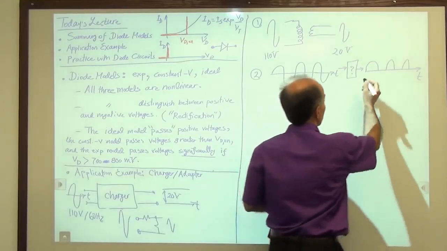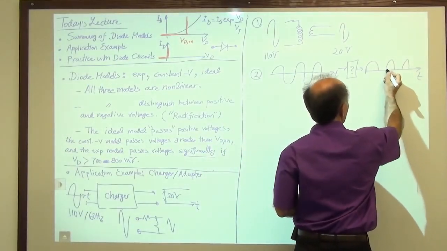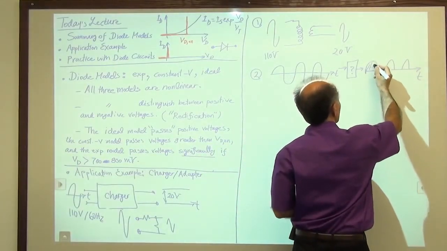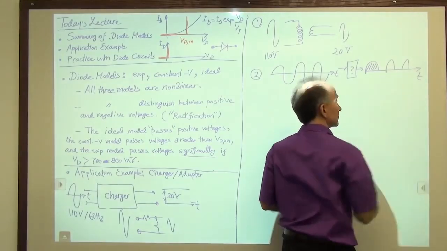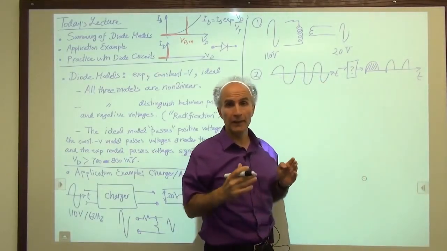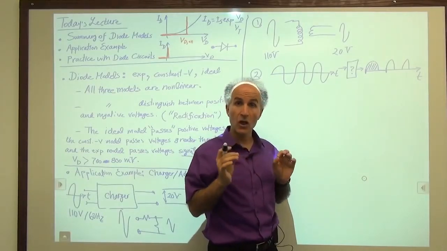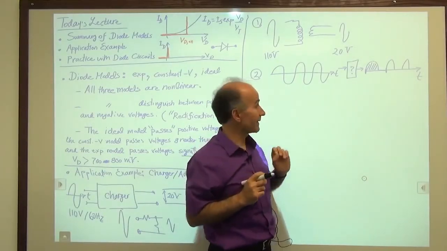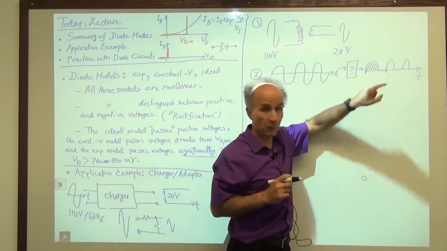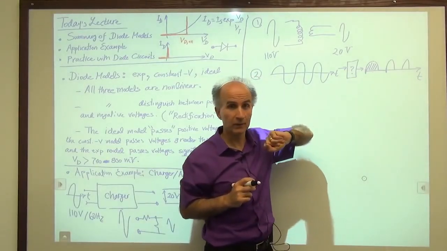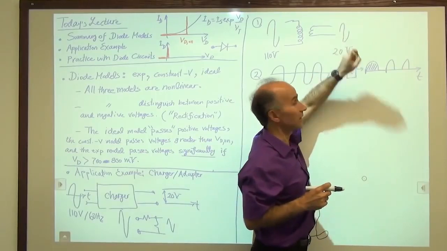So let's look at one period from here to here and find the area. This is the area of half cycle, and then 0. So the total area under the one cycle is non-zero. So we can say that the average value of this waveform is non-zero. And that is different from what we had here.